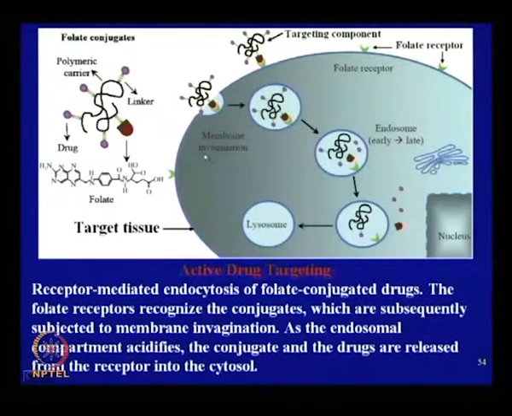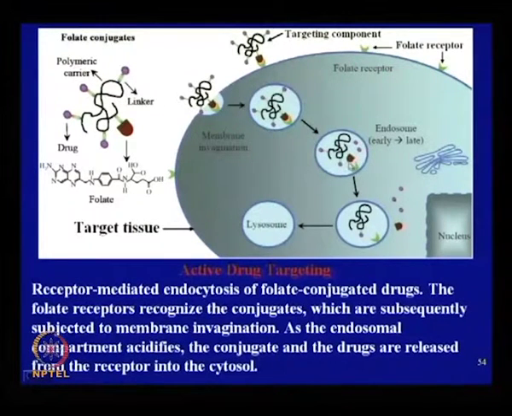So, this is membrane invagination of the system; it comes inside, fits to this, and then within this region, there is some acidity, as the endosomal compartment. This is the endosomal compartment. In the endosomal compartment, the conjugate acidifies, and in that acidic environment the drugs get released.